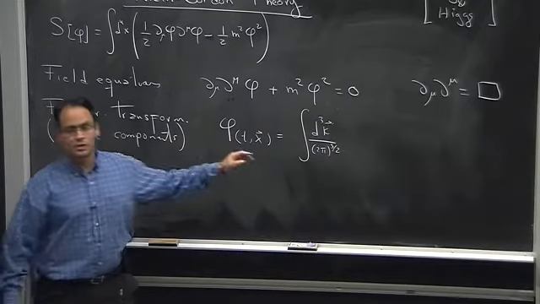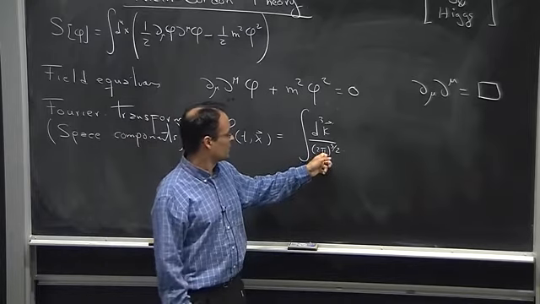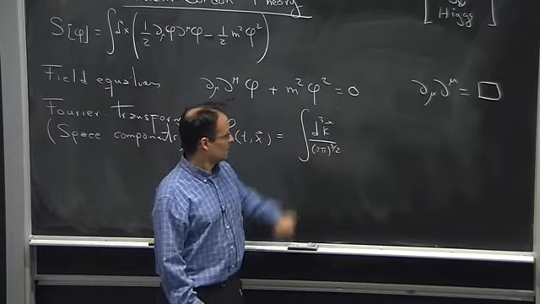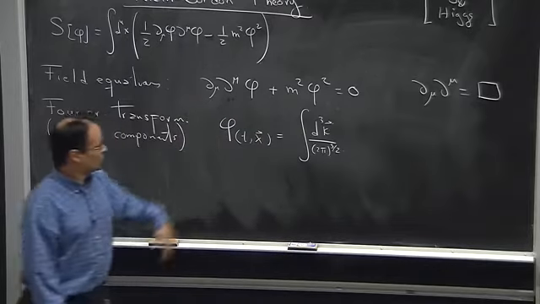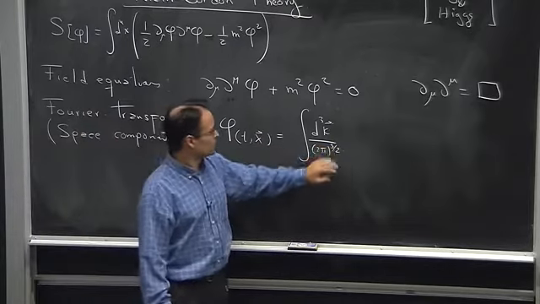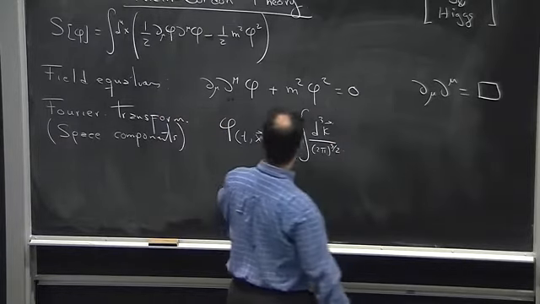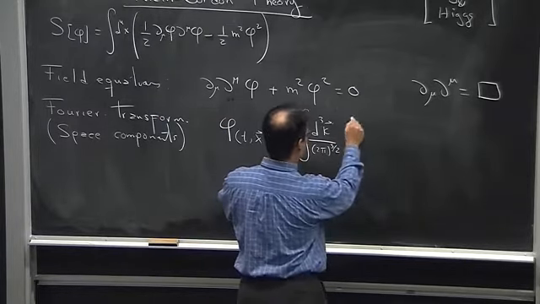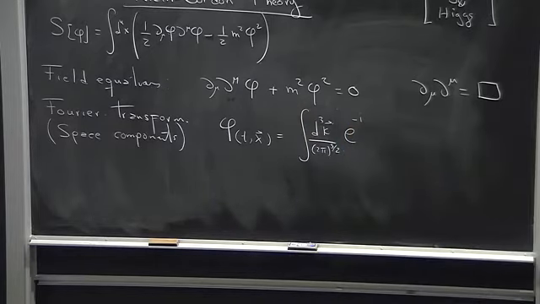There are several conventions for the Fourier transform. Some of them have a factor here, some of them don't. But in the end, they are just conventions. So I encourage you to go through perhaps one more convention where there is no factor here. Okay? So we have this. Freddy, I think you have phi squared in the equation?